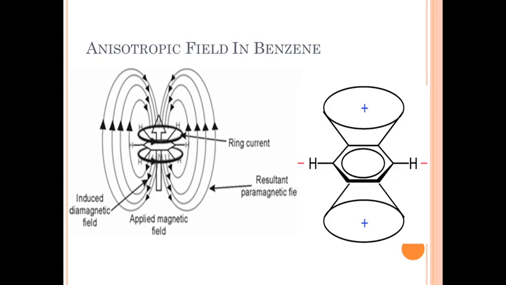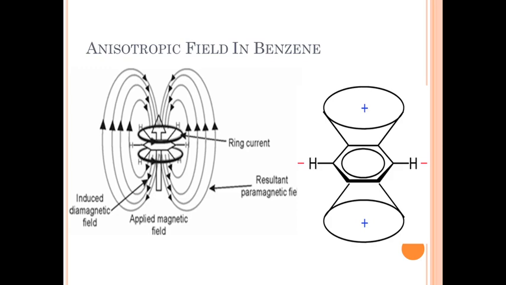Benzene, anisotropic field in benzene. We know that in benzene, 3 pi bonds are there. And we also know that pi bonds are more polarizable than the sigma bonds.